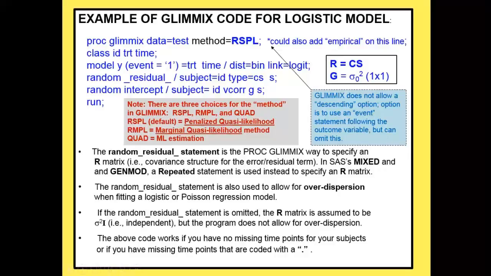It's a way of getting a solution to what are called quasi-likelihood equations, but the quasi-likelihood equations used for GLIMMIX are not the same as those used for GenMod. In fact, the method involves some kind of an approximation.